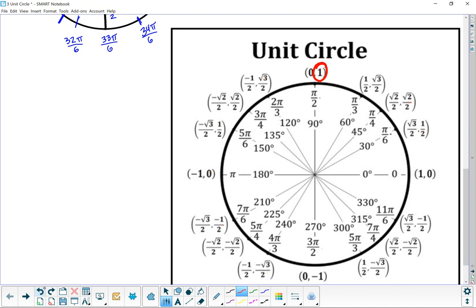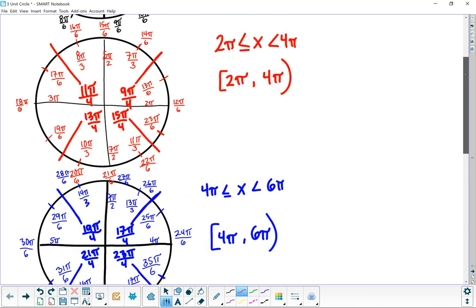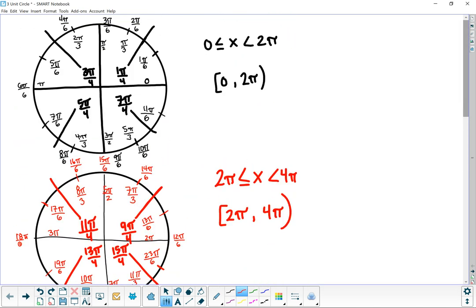So the only answer is pi over 2. That's where my answer lives. And remember, we got to go through 4 pi. So we have an answer here, pi over 2, and then we have another answer here, 5 pi over 2. And that's my only two answers. So pi over 2 and 5 pi over 2.